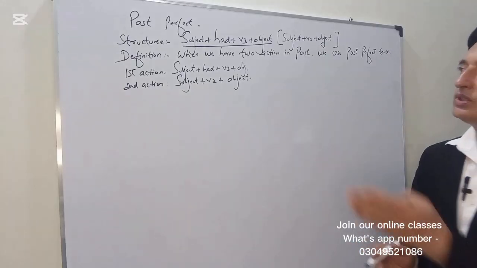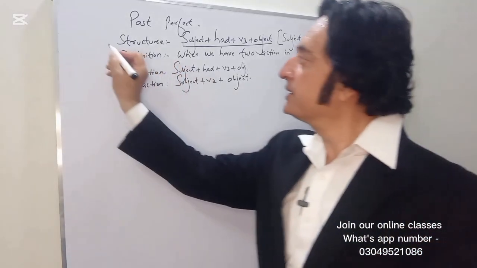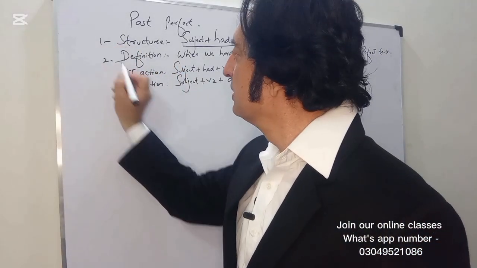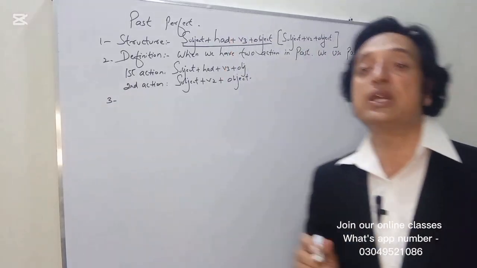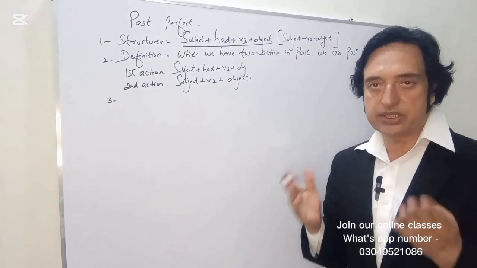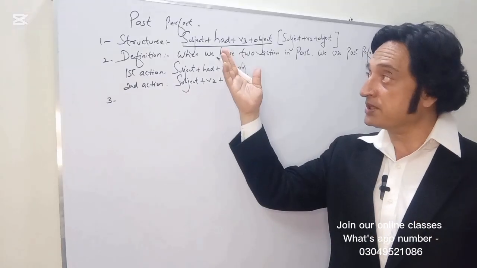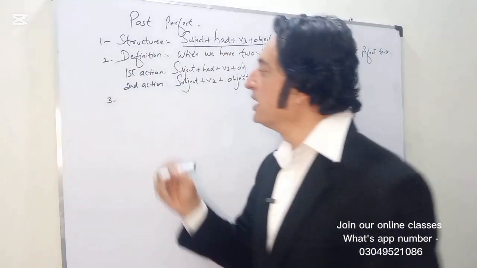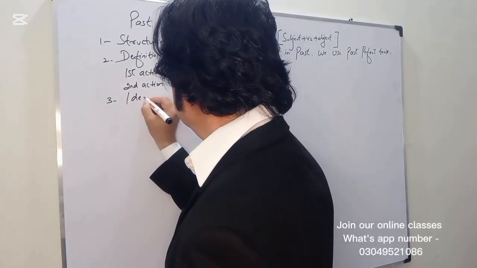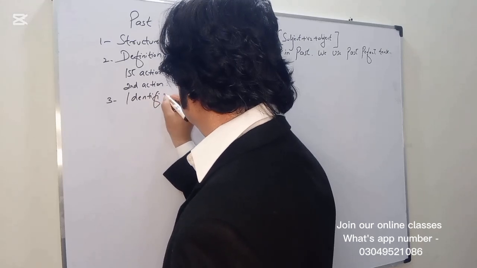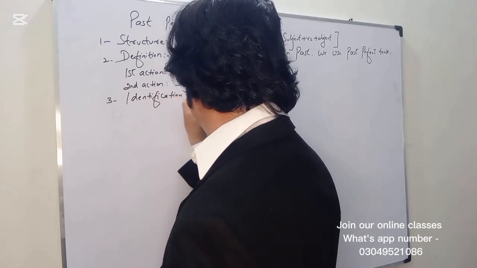All right. The third thing you require is identification. If a sentence is written in Urdu, how will you distinguish whether this is past perfect or another tense? So, identification in Urdu.